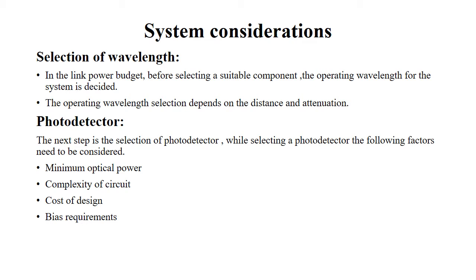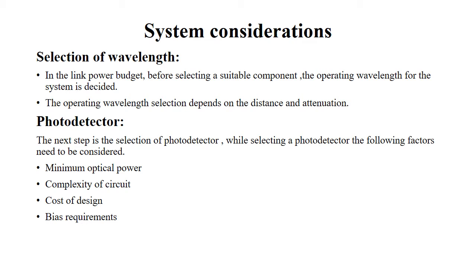The next one is photodetector. The next step is the selection of photodetector. While selecting the photodetector, the following factors need to be considered. First one is the minimum optical power that must fall on the photodetector to satisfy the BER at a specified data rate. Second one is complexity of circuit.